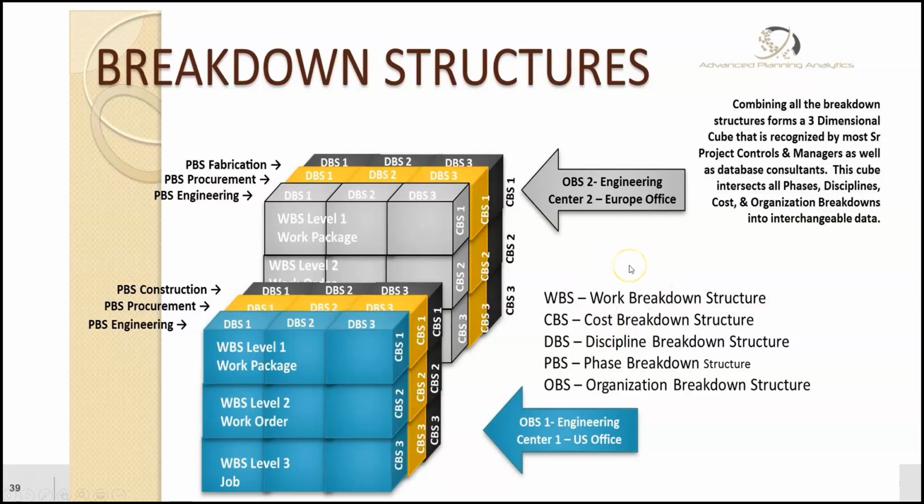This is where I have to provide further explanation: by combining all the breakdown structures, this forms a three-dimensional cube. What we looked at previously was a two-dimensional aspect, but really, if you take into consideration all the breakdown structures, this is a three-dimensional space.